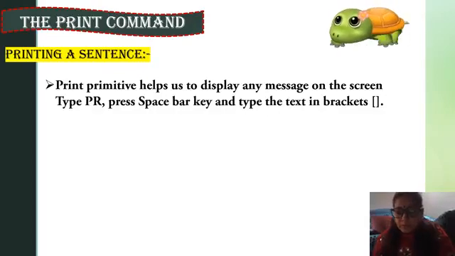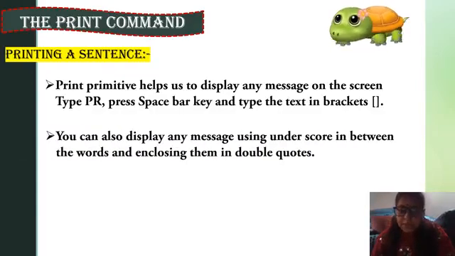To print the sentence, you have to write that text in a square bracket. And you can also display any message using an underscore between the words and enclosing them in double quotes. So let's see practically, students, how to write a sentence.